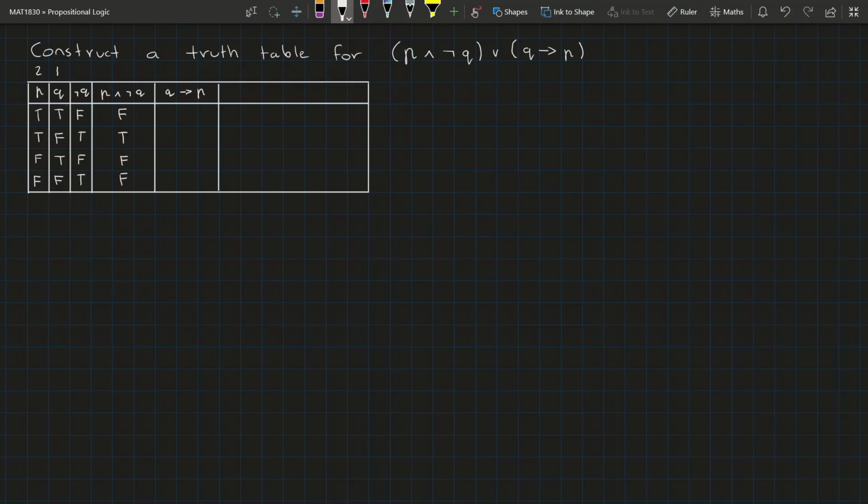So I'm first going to look at Q is true. An easy way for implies is to look for when Q is true and then see when the second one is false. So this row here, I know this is going to be false, and since there's no other occurrences of this, everything else is just going to be true.